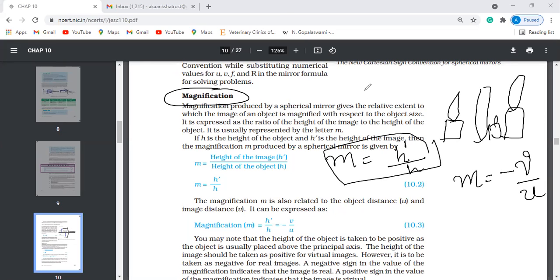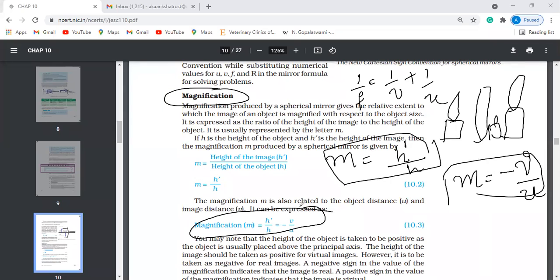Remember, if you have a formula like 1 by f is equal to 1 by v plus 1 by u, then this v by u is nothing but magnification. So you have two formulas for magnification, one is h dash by h and the other is minus v by u. So these are the three formulas you should remember, including the mirror formula.